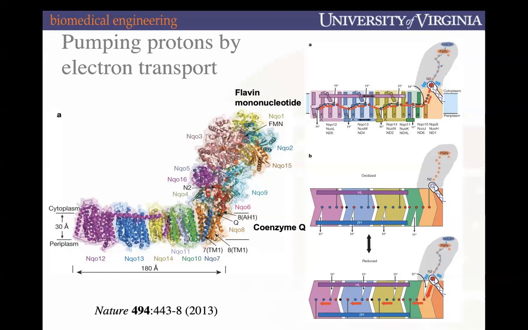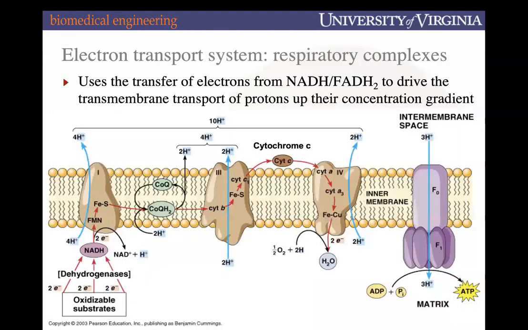Or sorry, they're going to open up when they're oxidized at the top here, and then they're going to close at the top and open on the bottom side when they're reduced, when they gain those electrons. And so it's that donating of electrons that opens and closes these pores that enables hydrogen ions to move across and get into the inner membrane space.